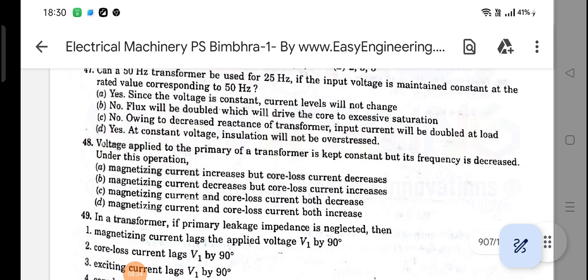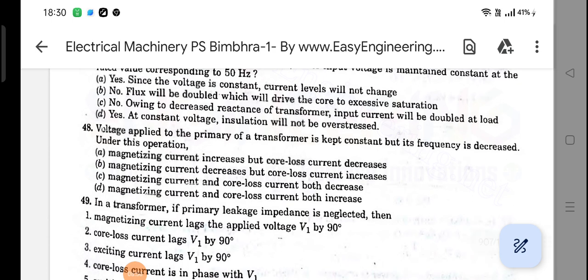Next, 48th question. Voltage applied to the primary of a transformer is kept constant, but its frequency is decreased. Under this operation, when frequency is reduced, what happens? B maximum increases. When B maximum increases, magnetizing current also increases. What about hysteresis losses? Hysteresis losses also increase. Why? Because when frequency is reduced, the V by F ratio is not constant.